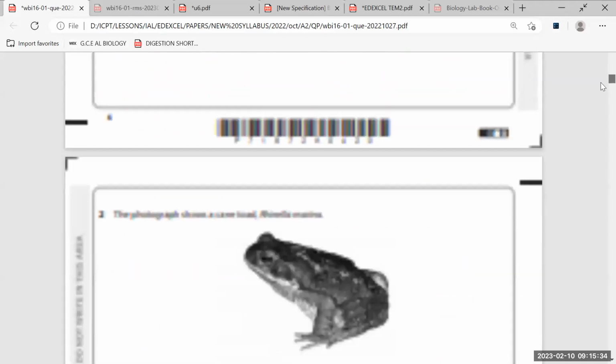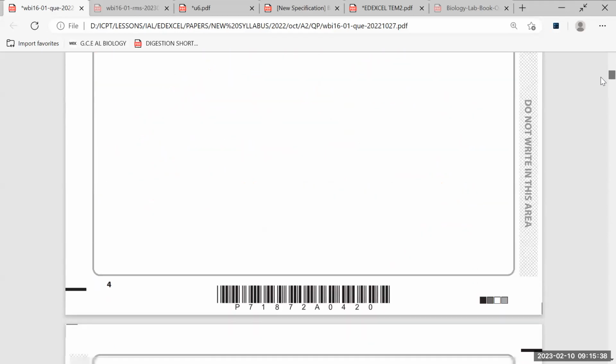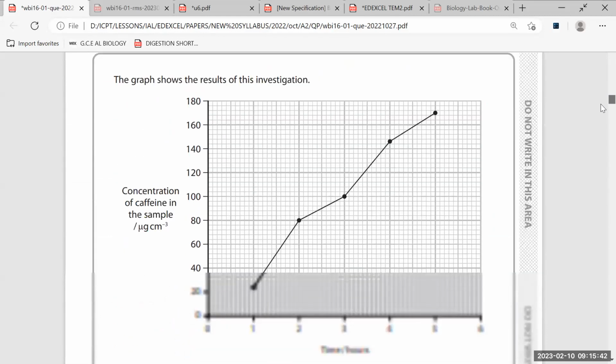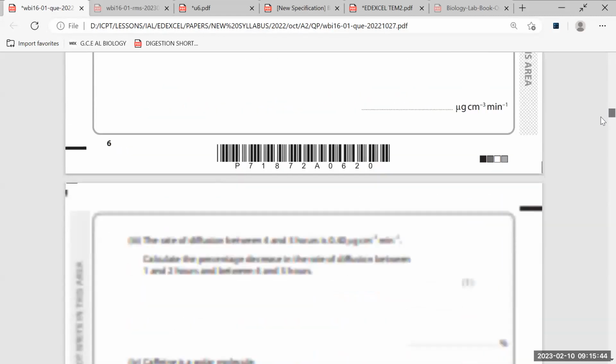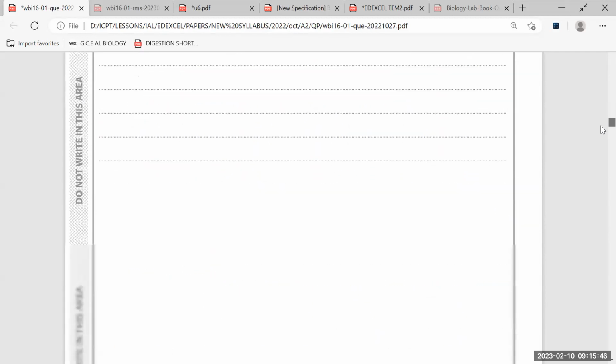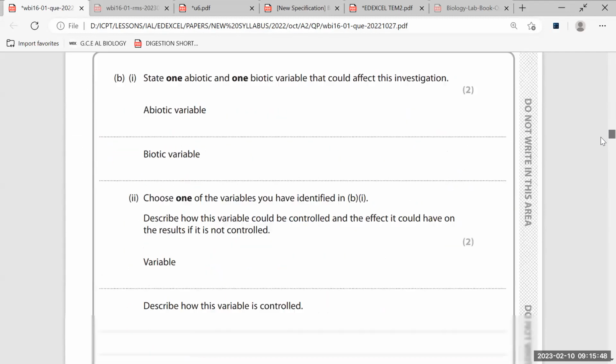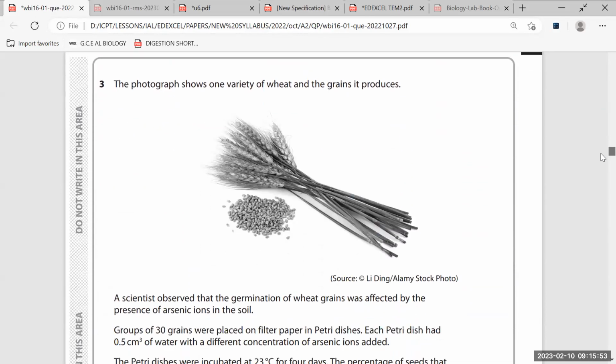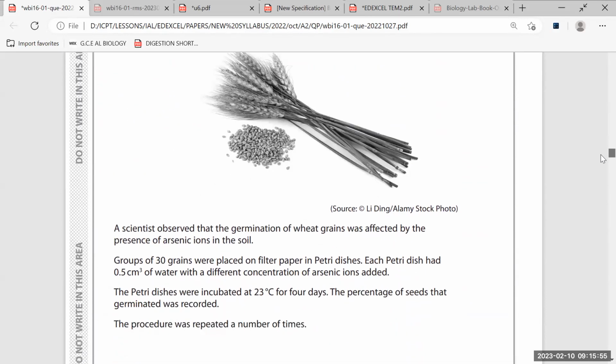For example, in the same paper, we have done the first question. The second question, no, it's the third question, right? This paper has, I think, 4 questions.